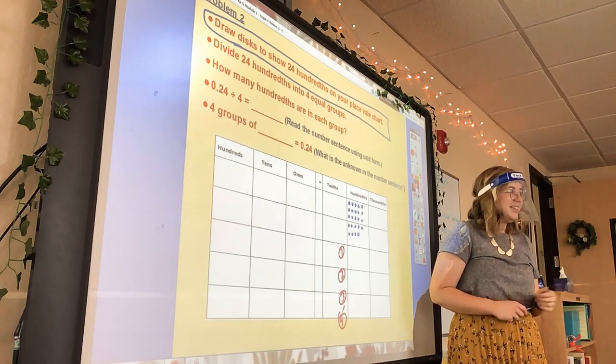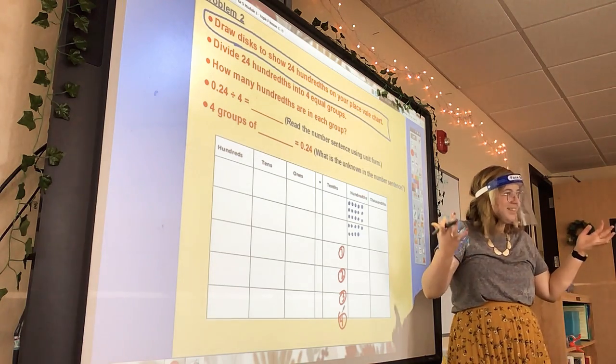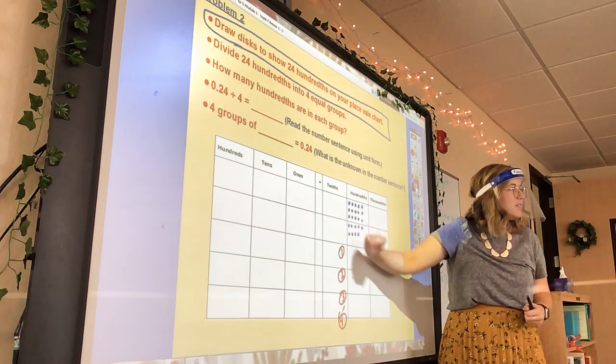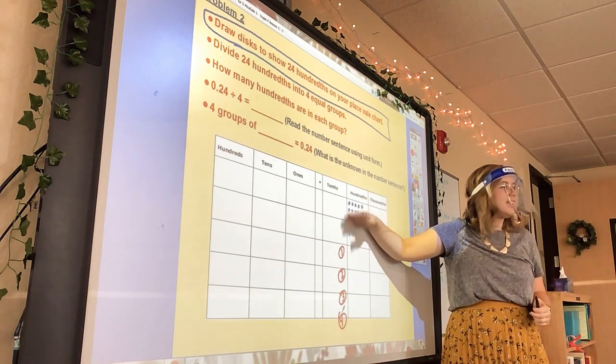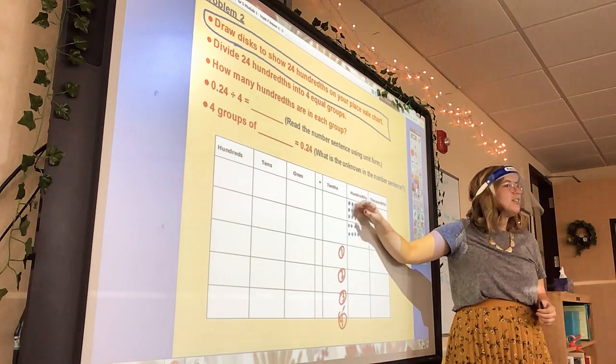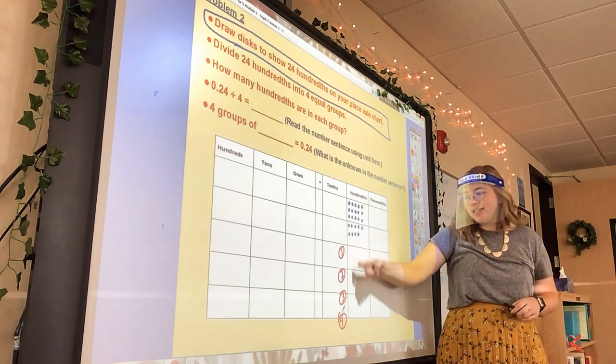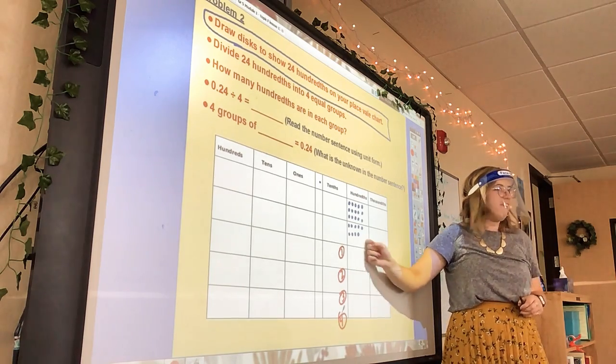Okay. Not everybody raised their hand for one or the other. Okay, so let's start over. Raise your hand if you circled groups of 4. There it is. Okay, so if you circled groups of 4, your hand is raised. Okay, put it down. Raise your hand if you put 1 in each group until you ran out.